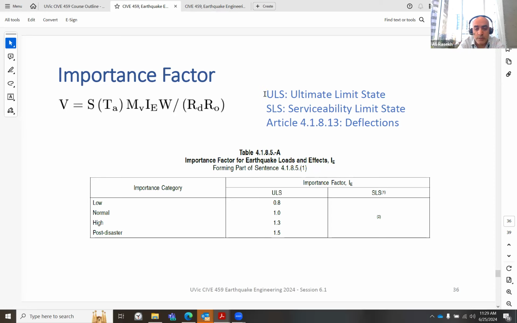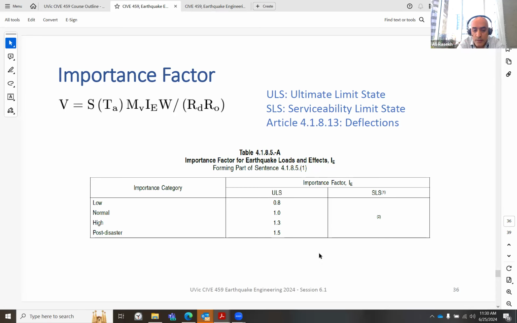Remember that we had a quick discussion on different limit states. For ultimate limit states, we use these factors. For serviceability, which means deflection, in earthquake design, different codes do it differently. Practically, for deflection we don't need an additional factor. Some codes multiply and then divide, but some codes don't even use it.